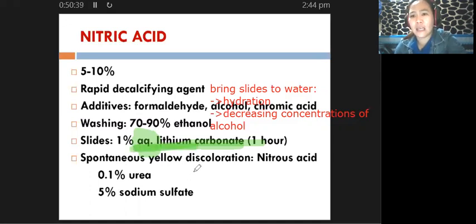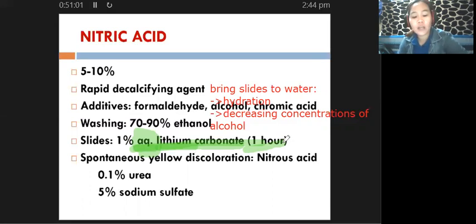All right. So after immersing your slides in 1% aqueous lithium carbonate for 1 hour, the next step is for you to wash it in water for 15 minutes.